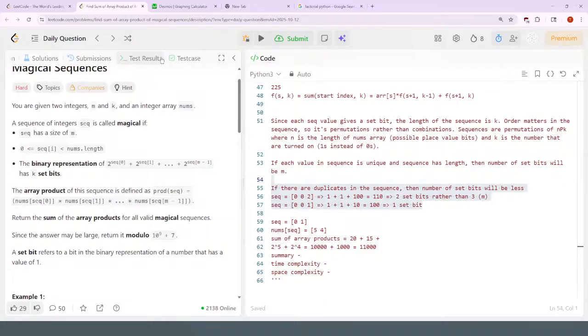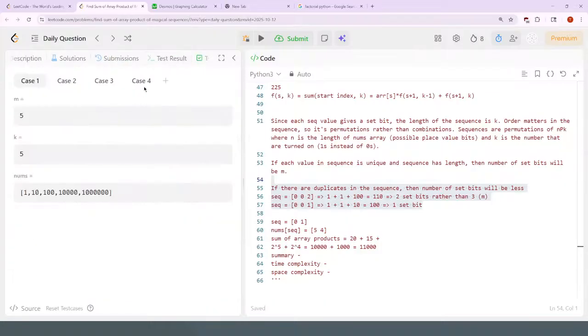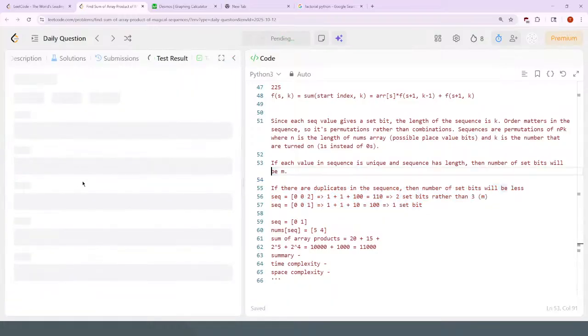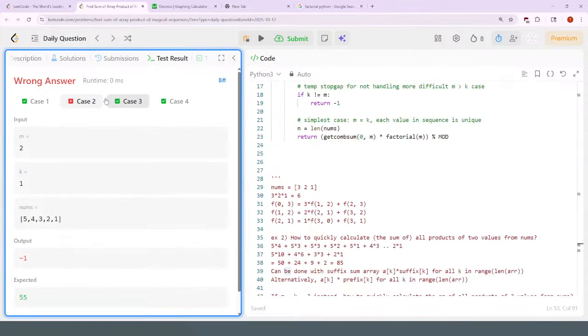Like, let's do a test case here. So you're choosing 2 and you're adding to 1. I think there's a possibility of that. So this is going to return -1 from my code, but that should be wrong.